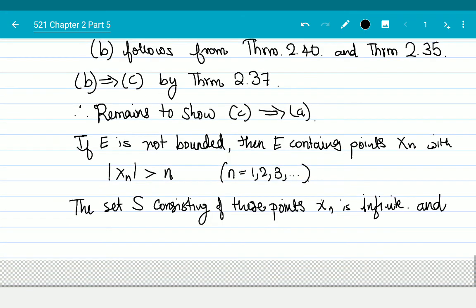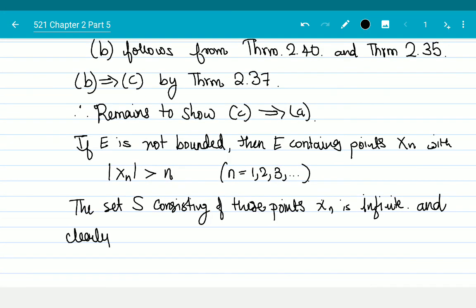And clearly, it has no limit point in Rk. If it had a limit point, the limit point is going to be finite, so it has a certain norm or bound, absolute value.